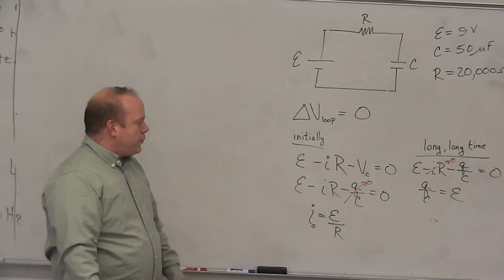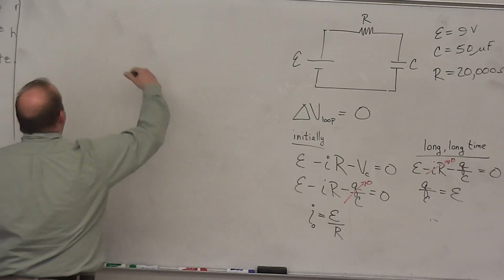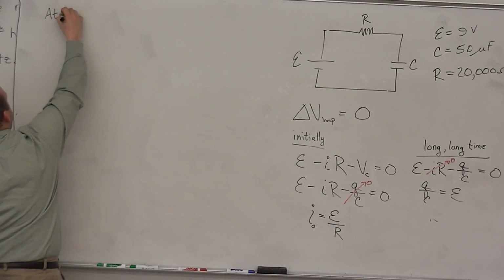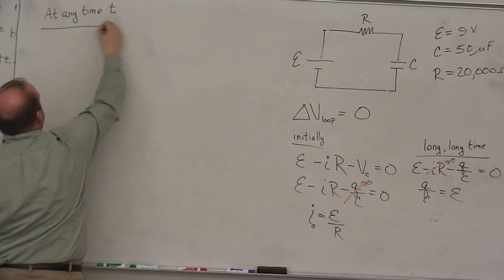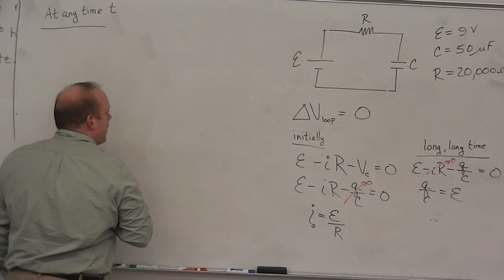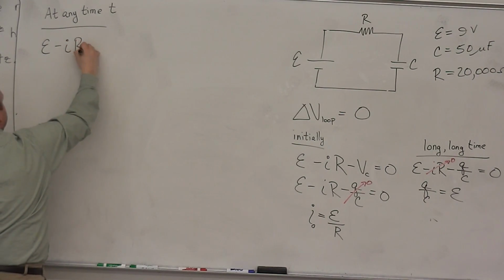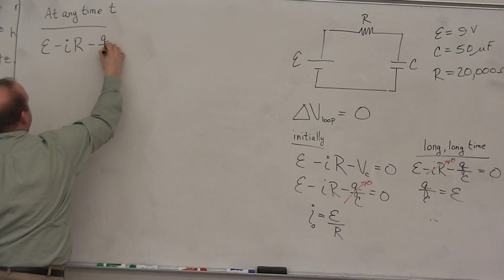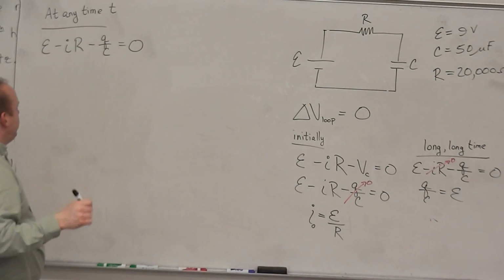But everybody needs to be able to set this up. So now, at any time t, if I set that back up, E minus IR minus Q over C is equal to 0. That's my loop equation. Still valid.